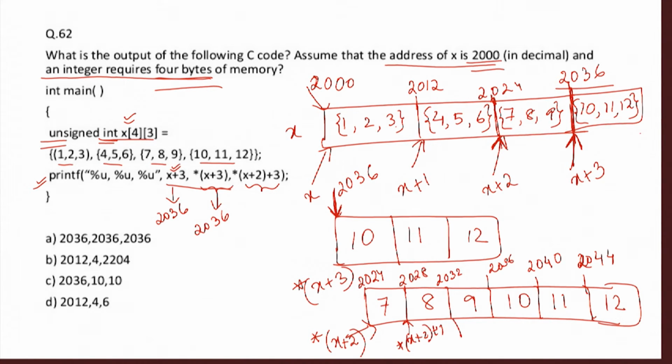Then this location is pointer x plus 2 plus 2, and this location is pointer x plus 2 plus 3. Here we are asked for x plus 2 plus 3, which is also pointing to 2036. So the answer for this question is this one.